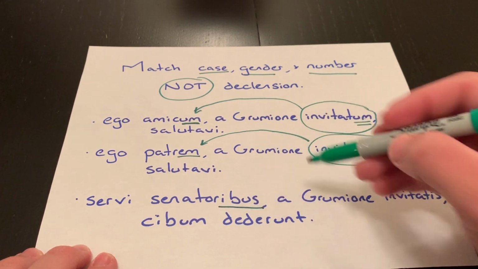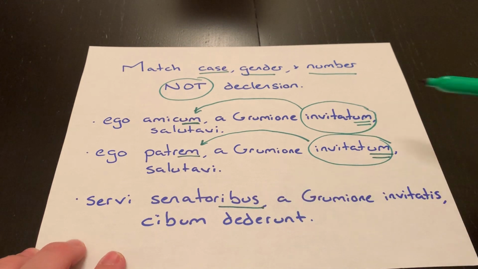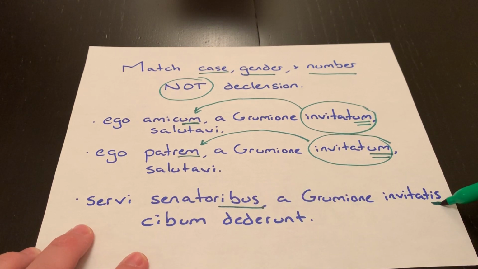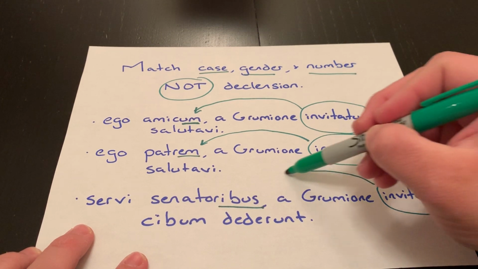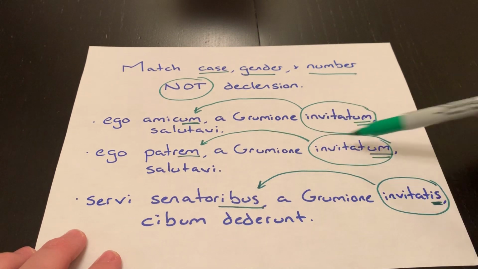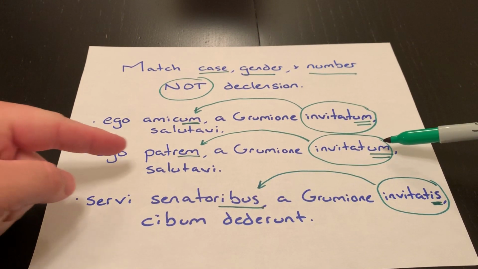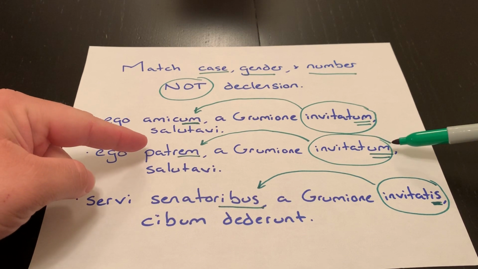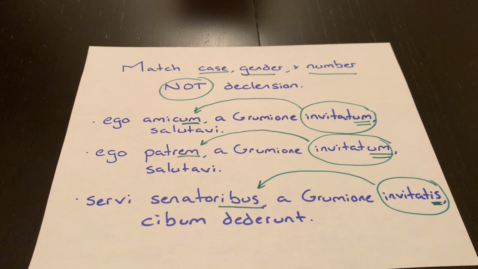It's third declension, masculine dative plural, and the participle form is masculine dative plural, but it's using that -is from second declension to describe that. So they don't have to match declension, but they do have to be the same case, gender, number. Masculine dative plural, masculine dative plural. Okay, just like 2-1-2 adjectives that we've seen.